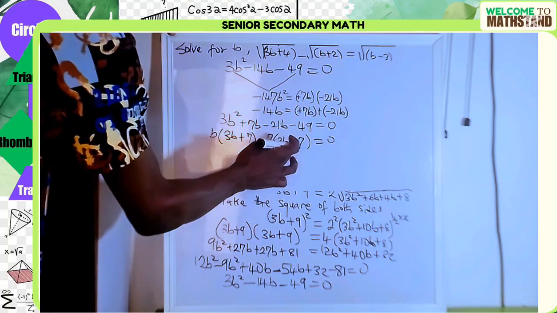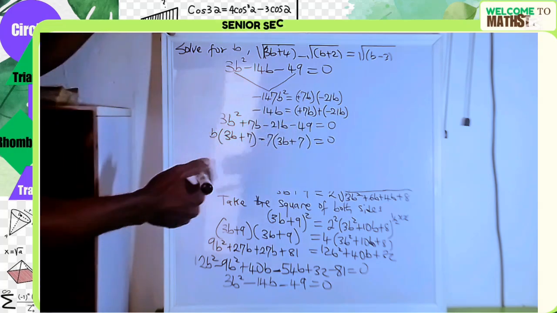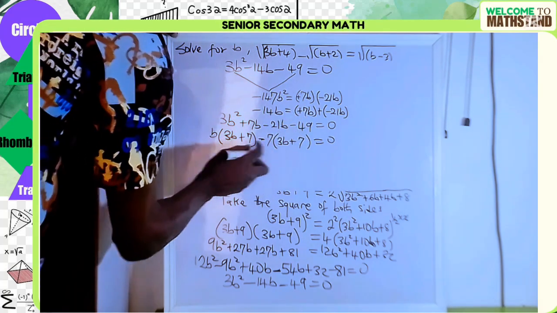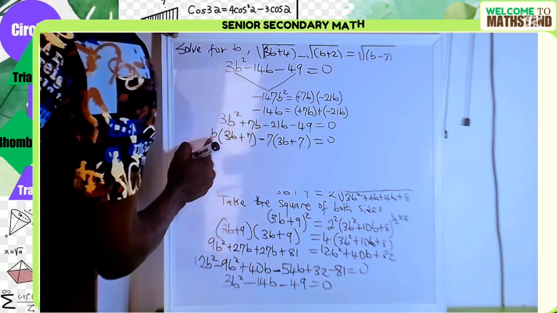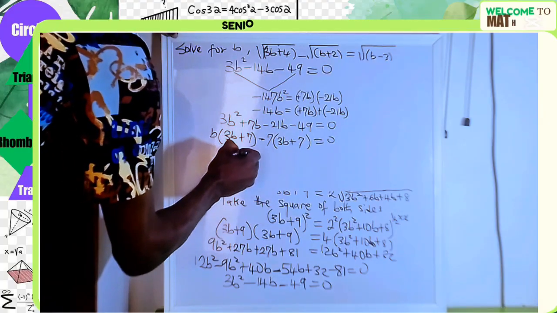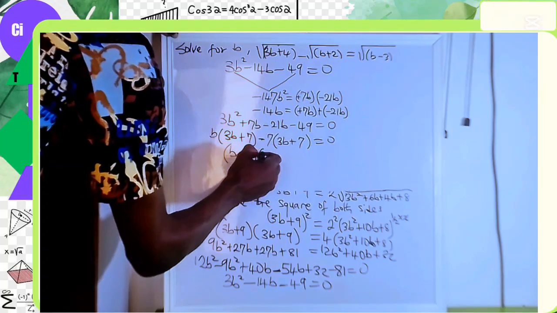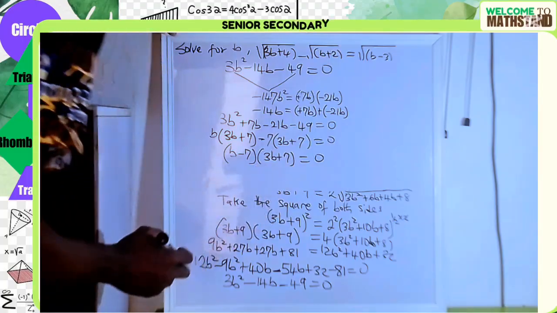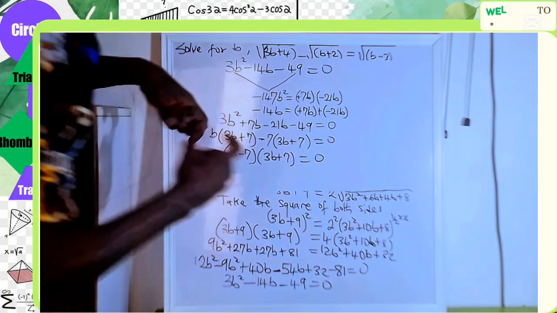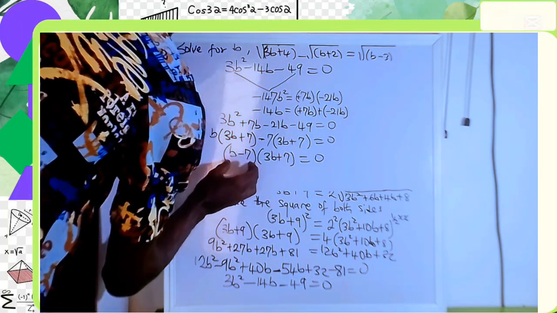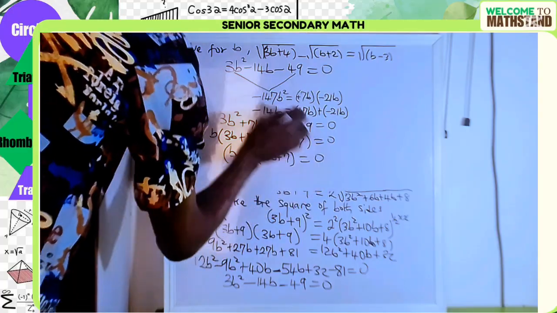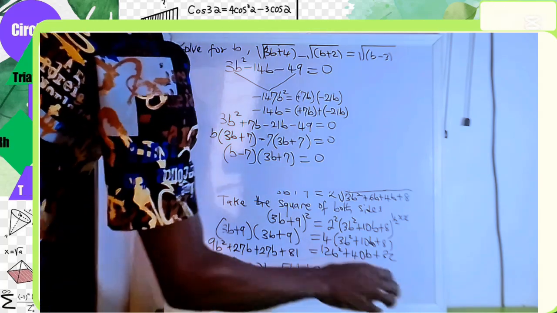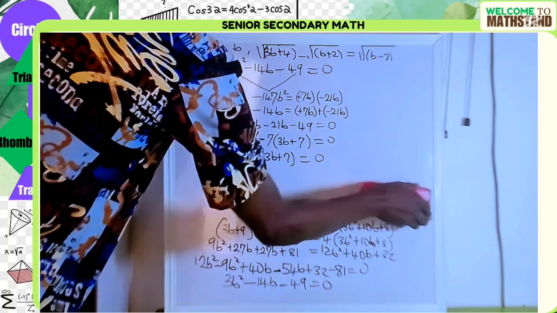Remember that minus times plus will give us minus back, so the values in the brackets must have the same sign. Like we have plus here, here must be plus. So collect the first things here: b minus 7 is the first factor, and the second one is 3b plus 7. So it's either this equals 0 or this equals 0 to make this equation true.